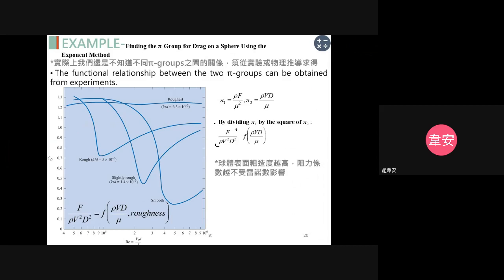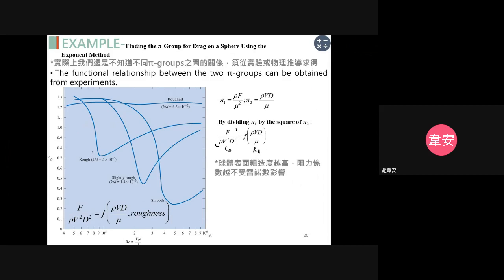A previous study already conducted a series of laboratory experiments and figured out the relationship between the drag coefficient CD and the Reynolds number.